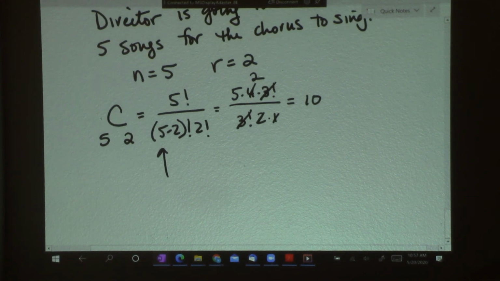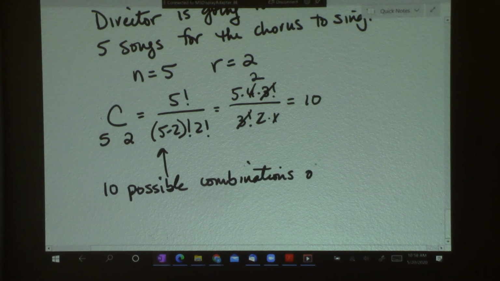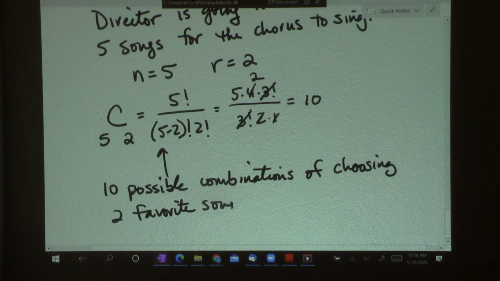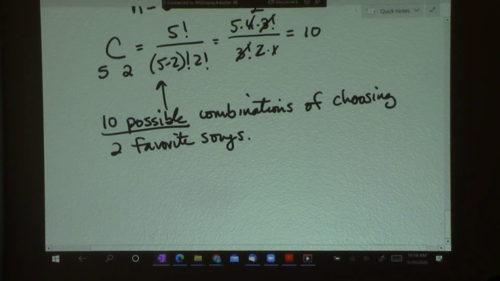So there are 10 possible combinations of choosing 2 favorite songs. So that is possible. Now what's favorable?